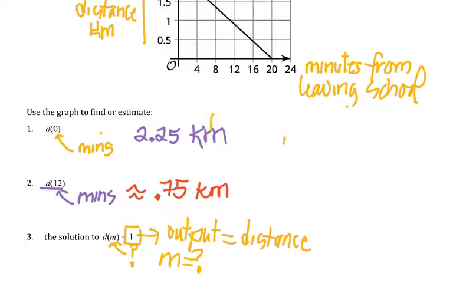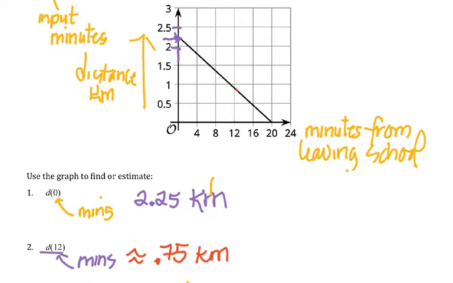So let's go up, take a look. All right, so I'm going to go to 1, right here at my distance. I'm going to go all the way over till it hits the black line, and then I'm going to drop from that point down right there. So if this is 8 and that's 12, that means there's 4 spaces.